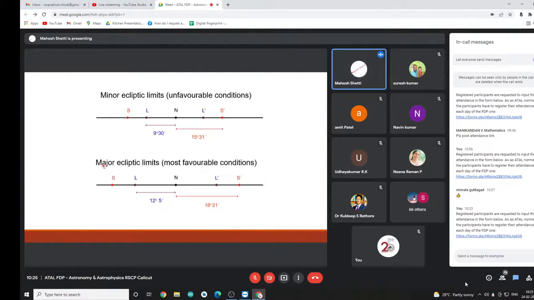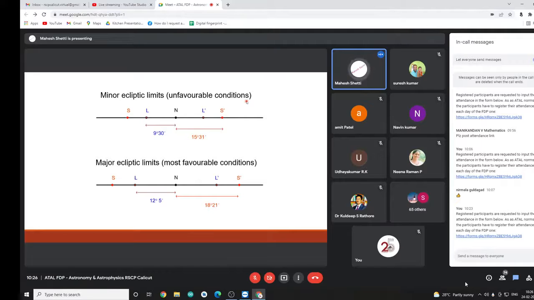So let's now consider unfavorable conditions and most favorable conditions. Here is the node. This is the lunar ecliptic limit, and this is the solar eclipse ecliptic limit, which we calculated as about 16 degrees 15 minutes or so. Under unfavorable conditions, when the moon is smaller because it is at apogee, the angle will reduce.